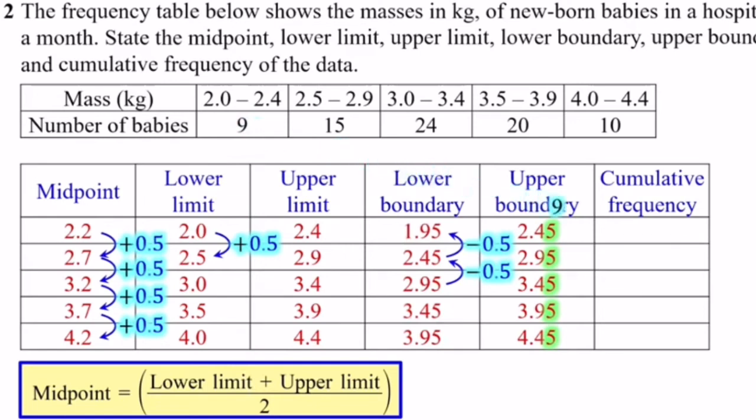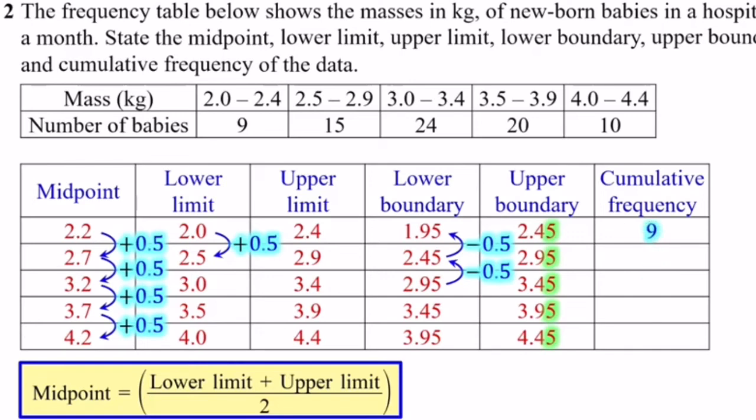The first one is 9, because we need to accumulate the frequency. Accumulate the frequency means we add on 9 plus 15 will be 24. 24 is actually obtained from 9 plus the 15.